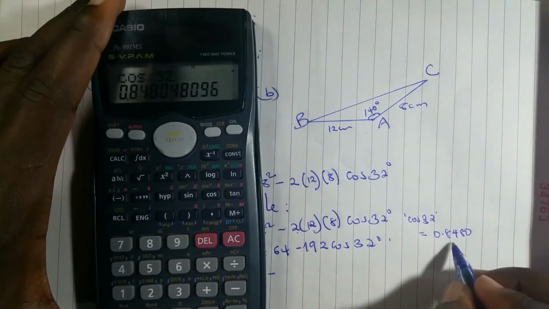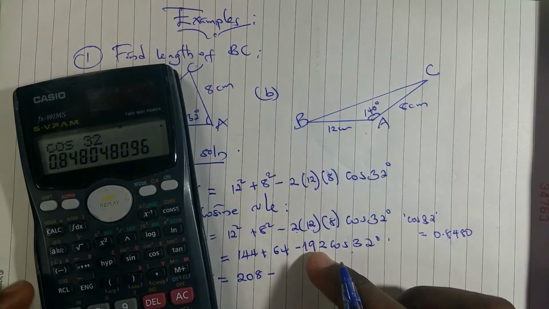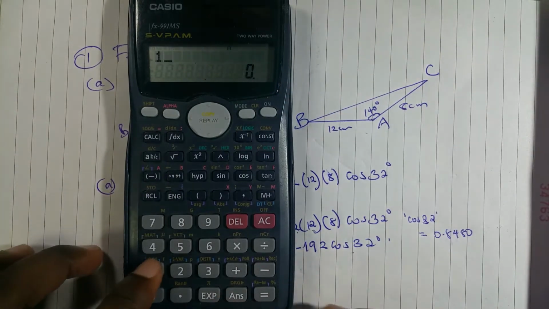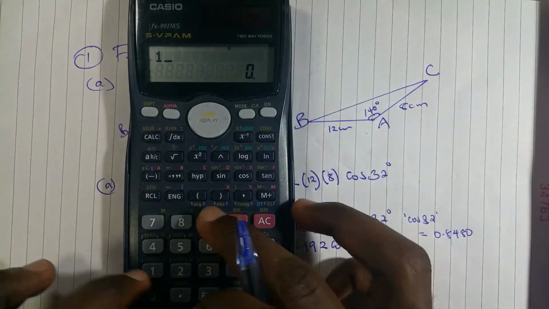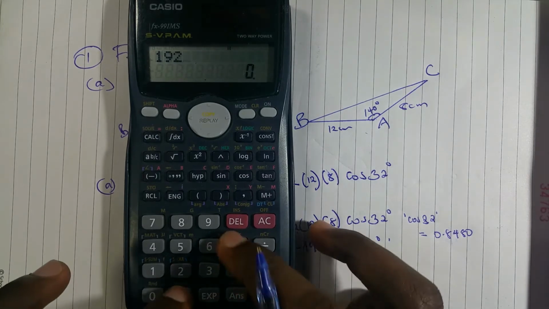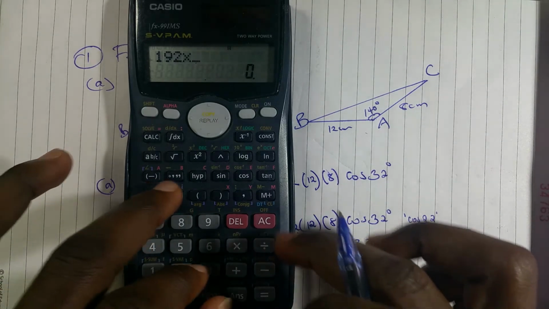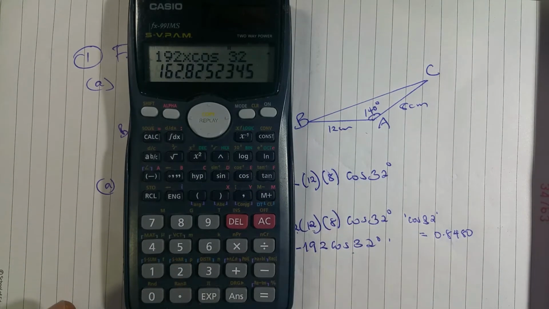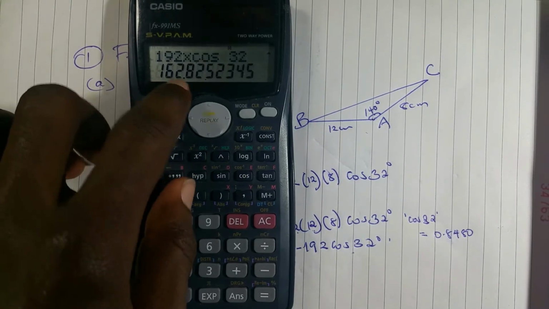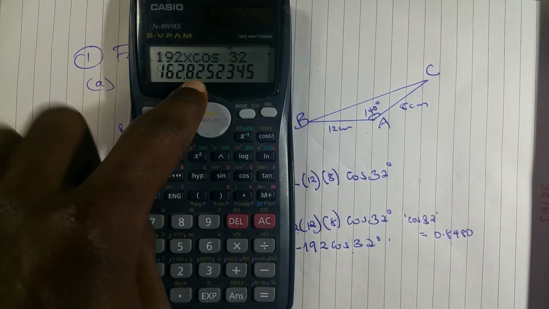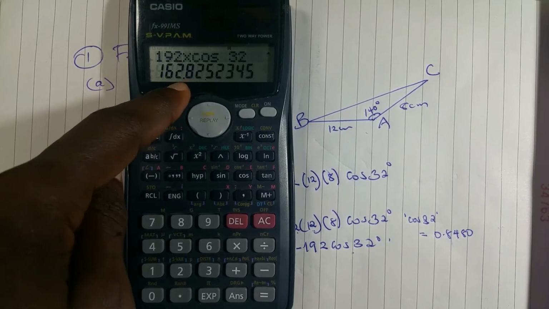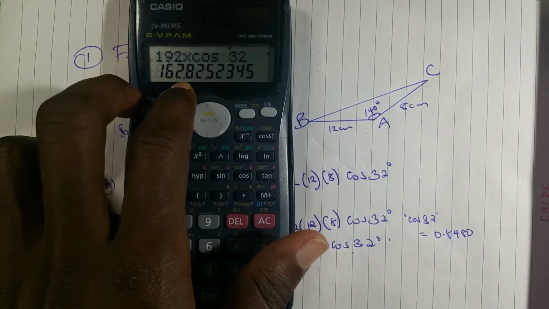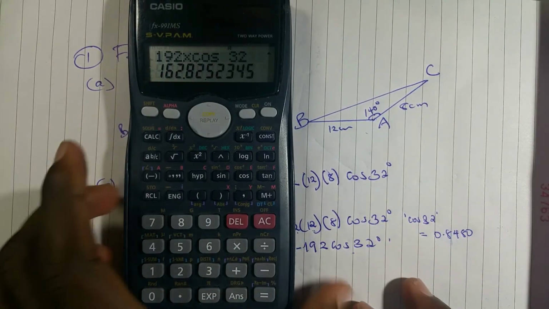So now we are going to have that times that. Let's multiply 192 times cos of 32. That gives 162.82. It's better to do it like that, which means we can use it to 2 decimal places or to 1 decimal place.